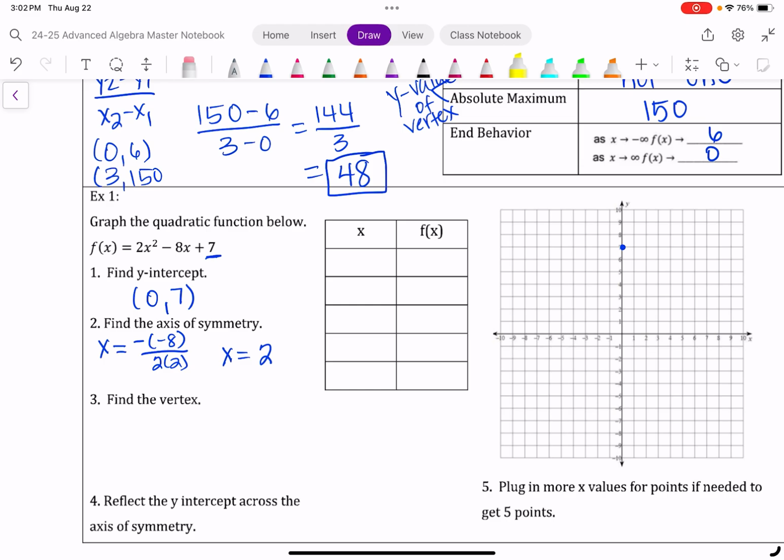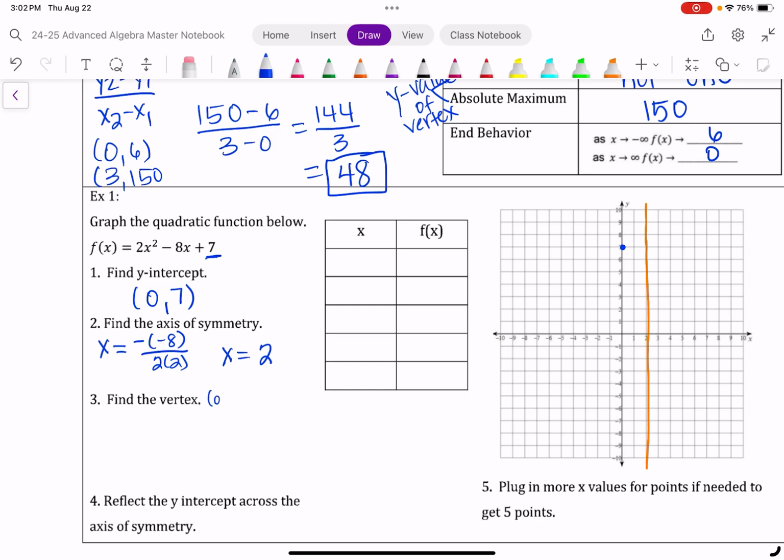So I come over here. X equals 2. And draw me a line. Okay. Now to find the vertex. To find the vertex, I know it's got to be on that axis of symmetry.